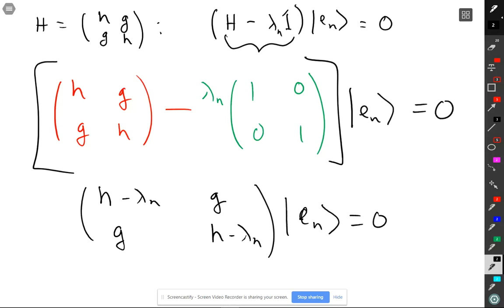So do you understand how I got to this matrix now? It's really important to understand that step. So when you're subtracting matrices from one another, you do the same thing that you did with the multiplication? No, when you're adding or subtracting matrices, you just take the corresponding pieces. Okay.